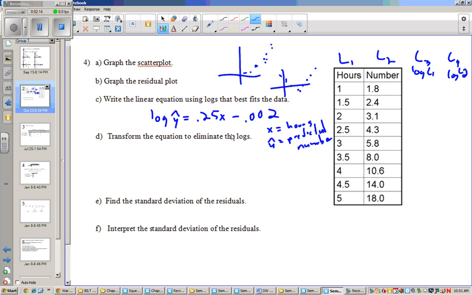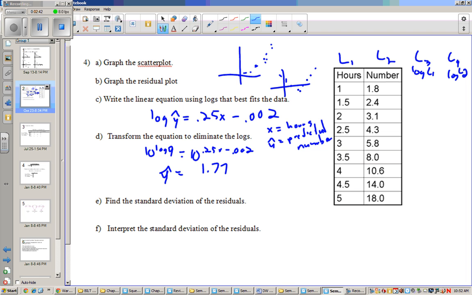And now, if I want to use our inverse transformations to solve for y, we would take 10 to both sides. So I'd have y hat is equal to 10 to the 0.25, which is 1.77.